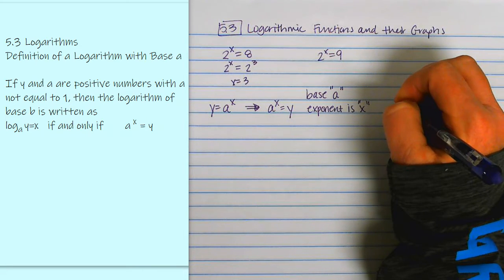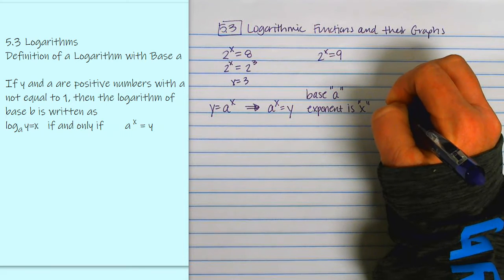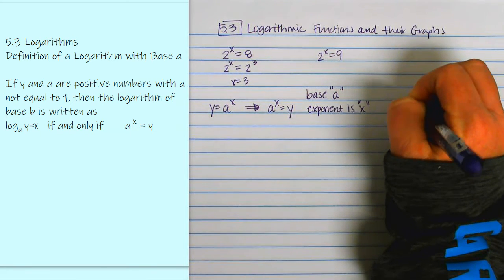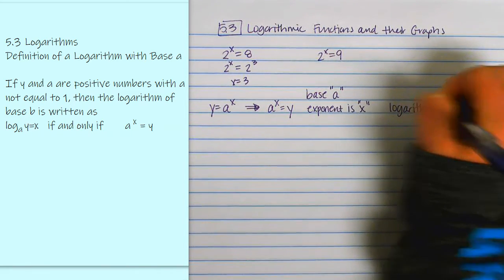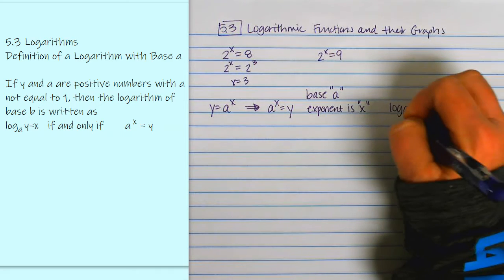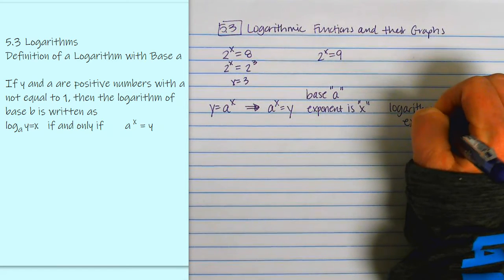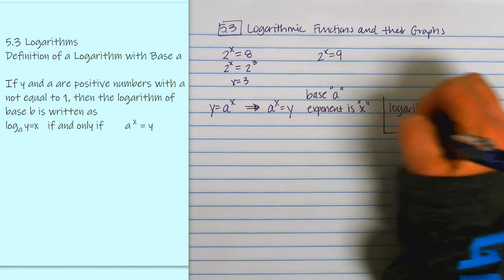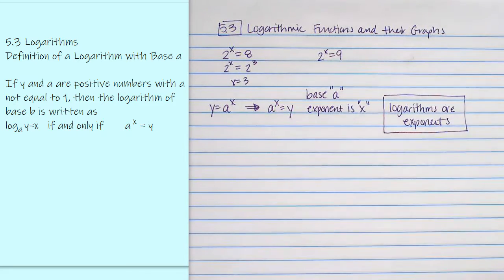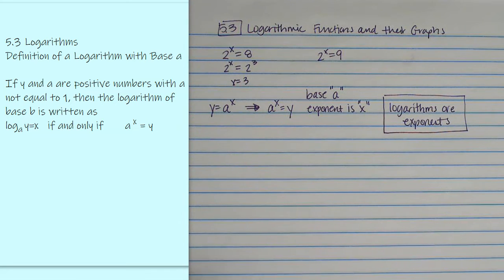And I've been saying that a couple times. Let me just give you the highlight, which is that logarithms are exponents. And if you can remember that big idea, then you'll be able to rewrite your equations in order to solve them with logarithms. Okay, so big idea. Logarithms are exponents. So what does that mean?